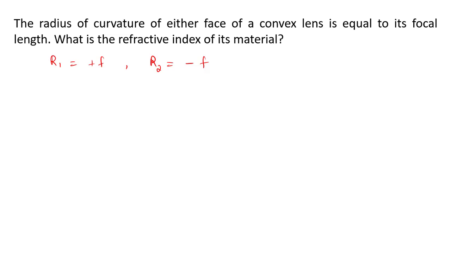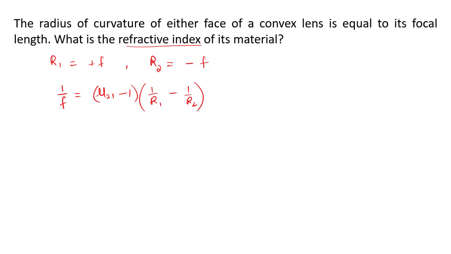Then we are supposed to find the refractive index. Using the lens maker's formula, 1 by f equals mu21 minus 1 into 1 by r1 minus 1 by r2. We want the absolute refractive index of the material.